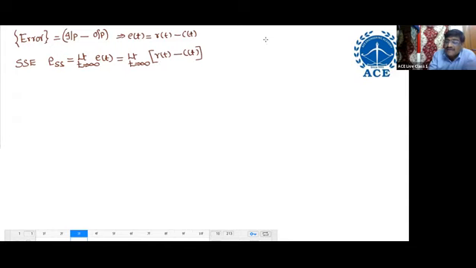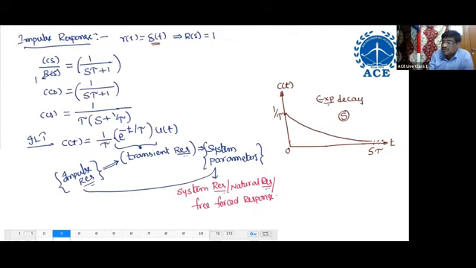It does not exist, because an impulse exists only at t equal to 0. Other than t equal to 0, there is no input, as well as no output. At t equal to infinity, there is no output also.